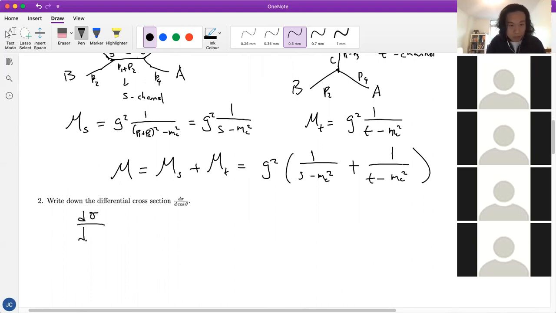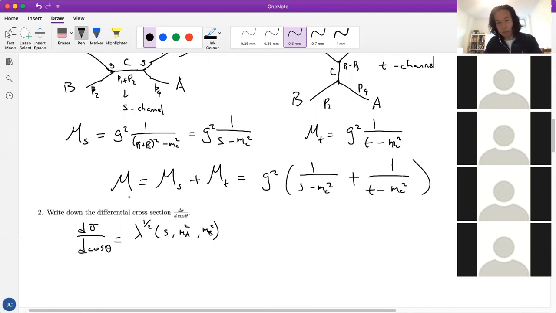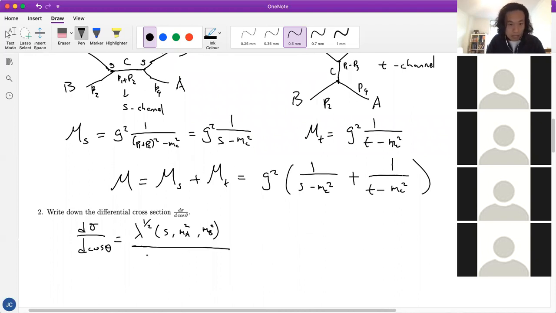So d sigma d cos theta is the square root of lambda, the Källén function, of s, m_a squared, m_b squared. In general it's m1 and m2, your two initial particles. In this case the initial particles are A and B, so we can label them A and B immediately, and don't have to label them 1 and 2. Then divide by 64 pi s, the flux factor, and the matrix element squared.